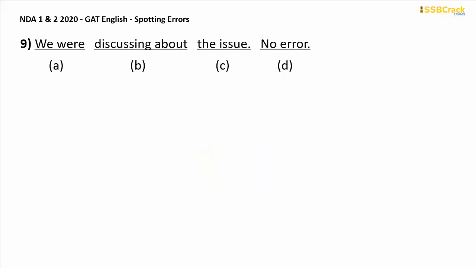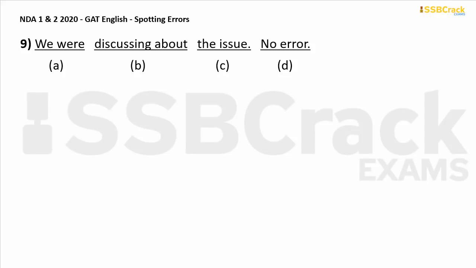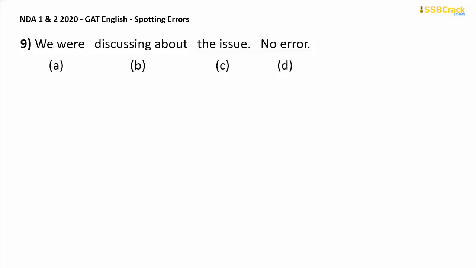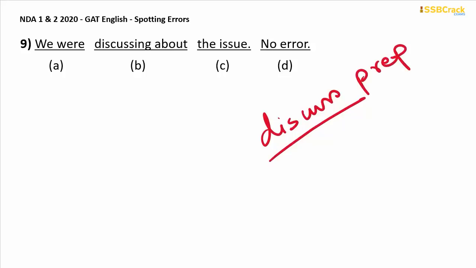We were discussing about the issue. Again, in the first initial phrase of your reading, you will not find any kind of grammatical error because this is a very common way most of us use mistakenly in our daily routine. We say, we were discussing about this particular thing, or we are going to discuss about this thing. Well, grammatically, it's incorrect. The word discuss does not need any preposition to follow it.